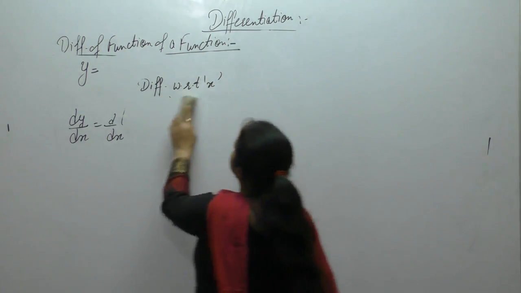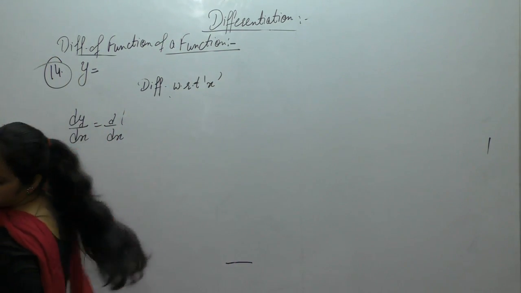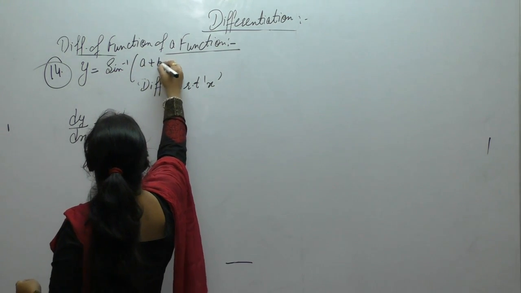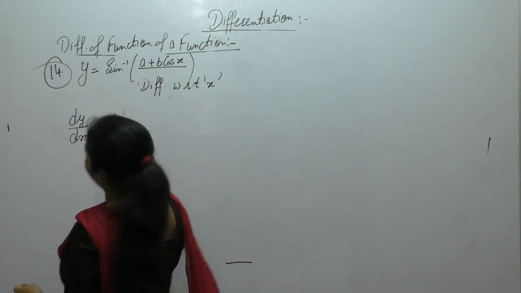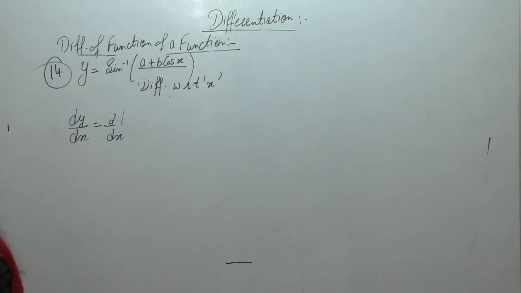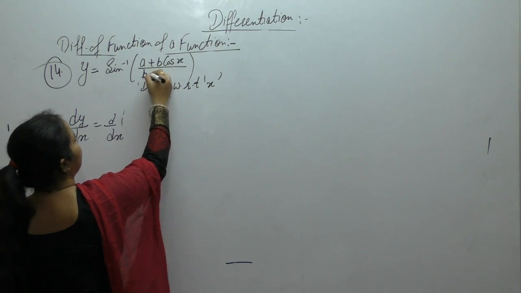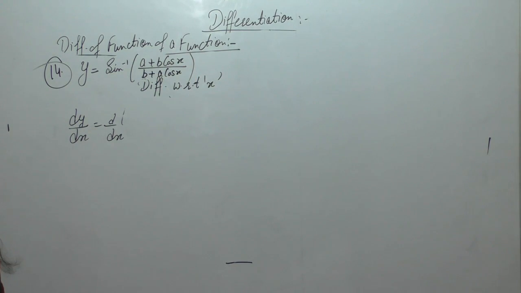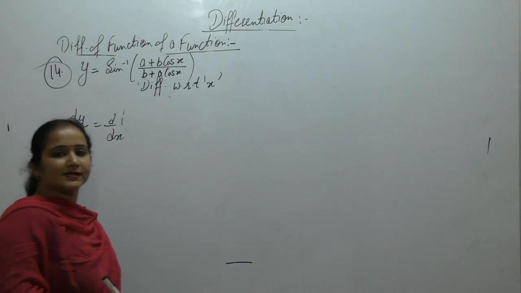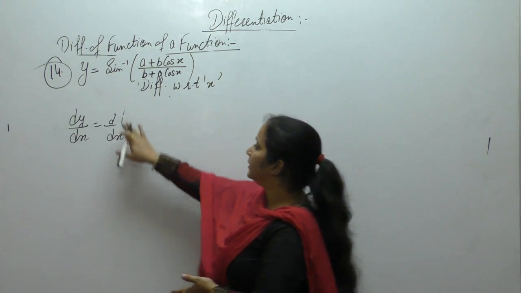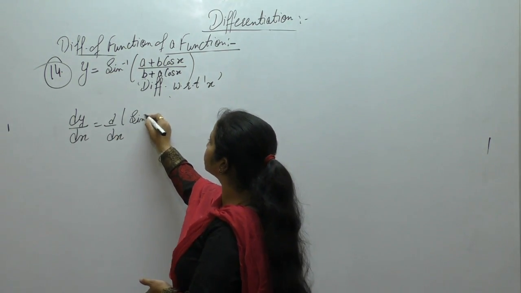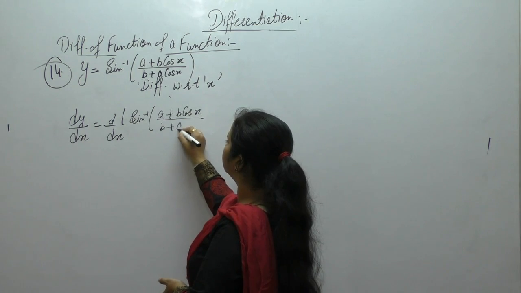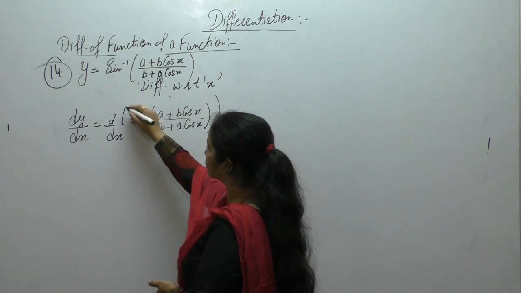Now the next one is y is equal to sin inverse of a plus b cos of x upon b plus a cos of x. Now the derivative of sin inverse, this is the term x, a plus b cos x upon b plus a cos x.